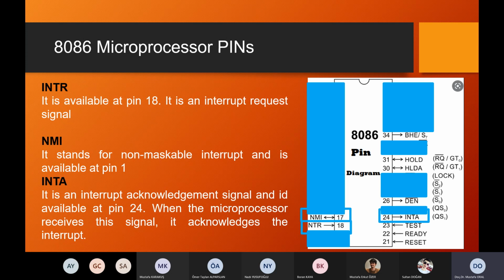If an interrupt comes, the microprocessor has to start a new program from a certain location in the memory. And of course, when the interrupt has been received by the microprocessor, it signals out an interrupt acknowledge, INTA, on pin number 24.